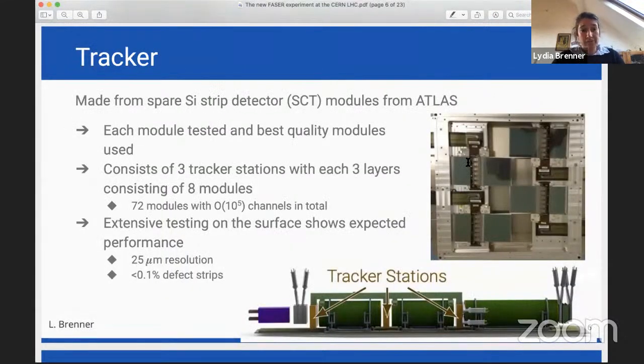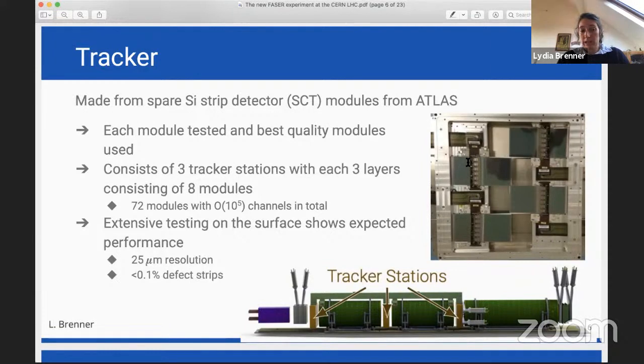The trackers are made from spare silicon strip detectors, which are called SCT modules, which were left over from the ATLAS experiment. Each module that was received was tested, and the best quality modules were used. So we have 3 tracker stations. Each of these stations consists of 3 layers, and each layer consists of 8 modules, which means we have 72 modules with of the order of 10^5 channels in total.